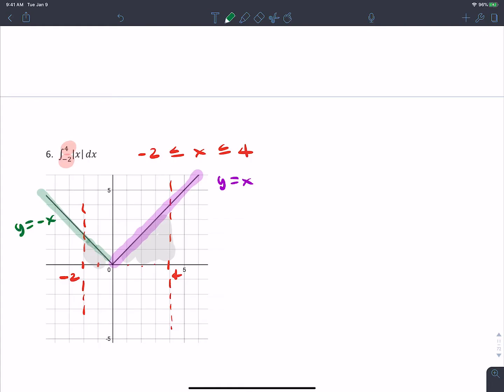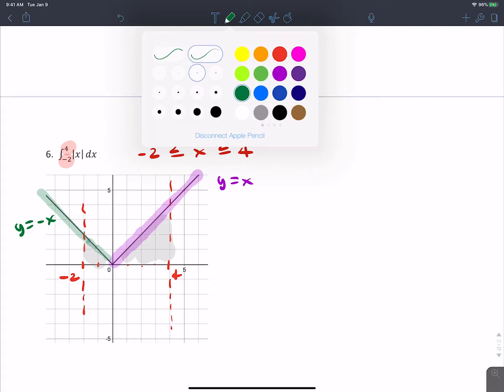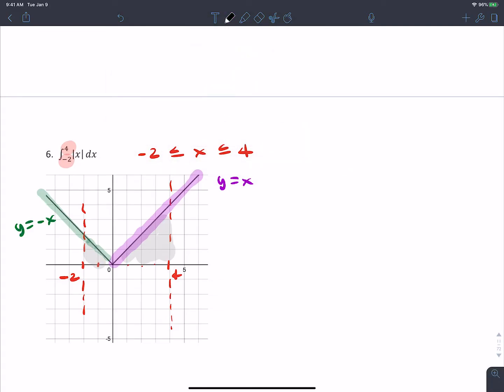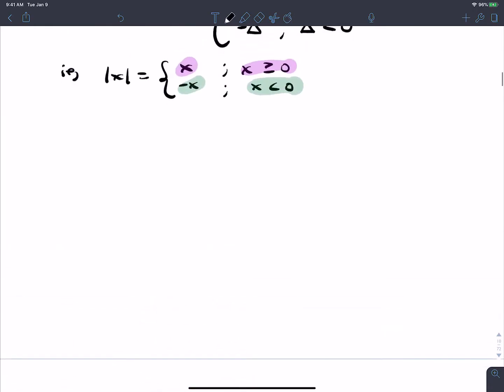So what that means now is, for our integral, define it in pieces. Remember we used that property? I think I gave you guys this property in the past, right? So let's note: the integral from a to b of f of x dx is the integral from a to c plus c to b.